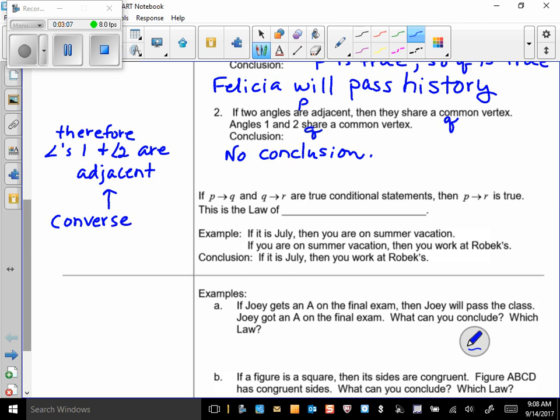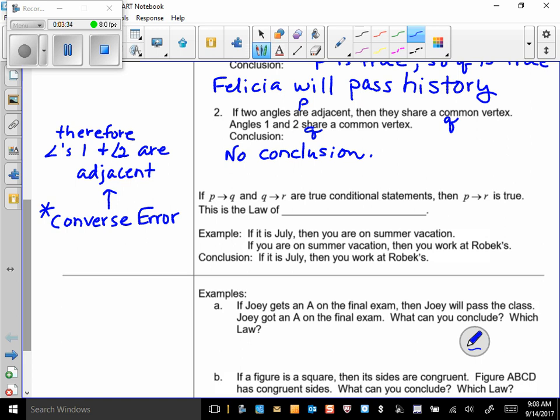You remember the converse is when we switch P and Q, right? If we take our conditional and switch P and Q, then we've got the converse. So if we switch the P and Q in the argument of our law of detachment situation and draw a conclusion, it's not valid because we've made a converse error. Okay, so let's look at the next one.